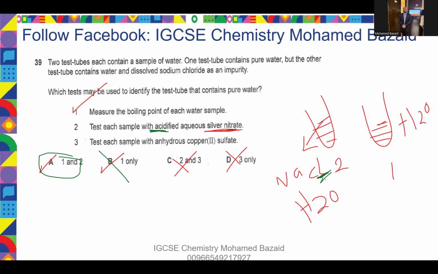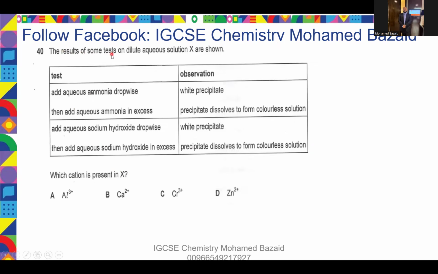Finally, question number 40. The results of some tests on dilute aqueous solution X are shown. When you add aqueous ammonia dropwise, a white precipitate forms, then in excess aqueous ammonia, the precipitate dissolves to form a colorless solution. If you add aqueous sodium hydroxide, a white precipitate again, and in excess sodium hydroxide, the precipitate dissolves to form a colorless solution.